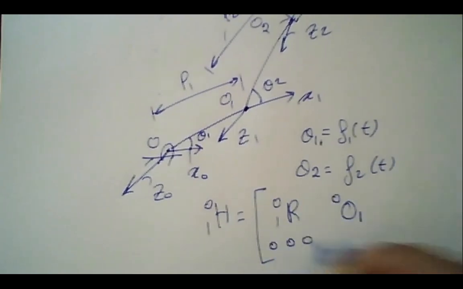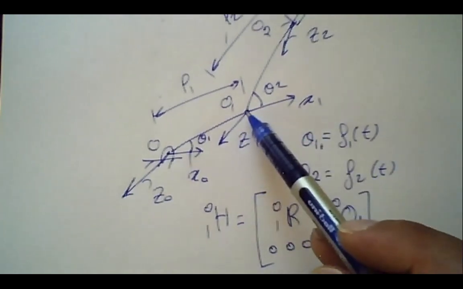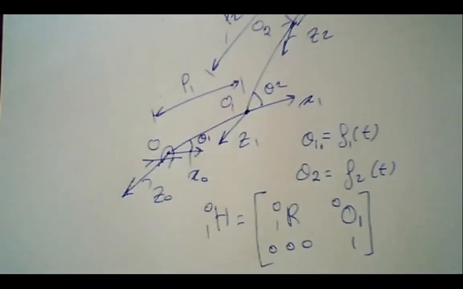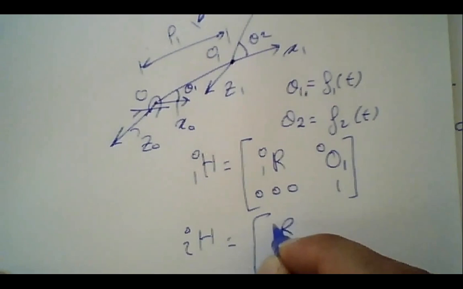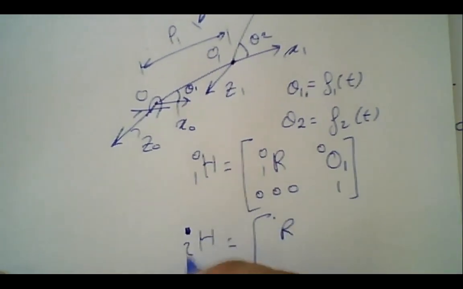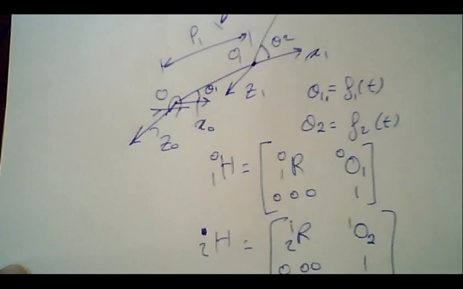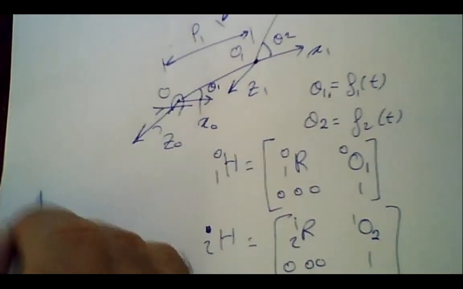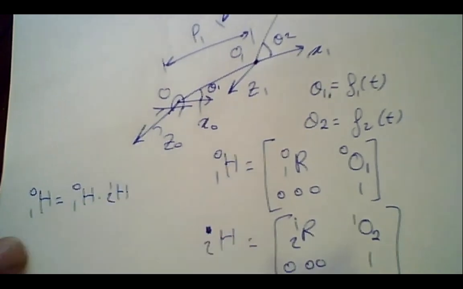So I'm going to be able to collect the position of point O1, which is the origin of the second frame in the base frame. Then H12 is going to be something similar: R12, O2 in frame 1, then 0, 0, 0, and 1. Ultimately, I'm interested in obtaining H02, which is H01 times H12.